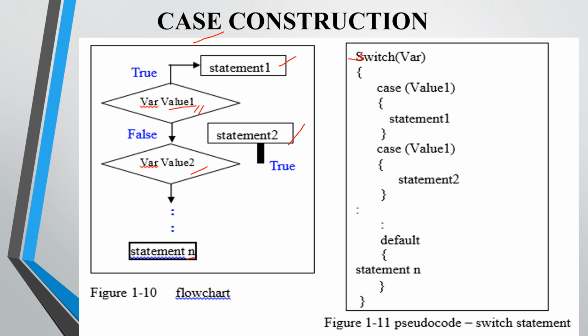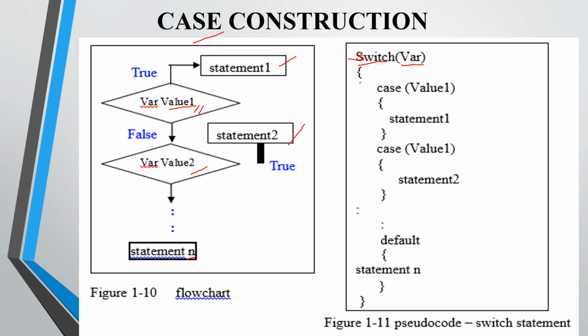So to do that in pseudocode, we make use of the reserved word switch. Okay, we have the switch case. So the reserved word switch is followed by parentheses, and inside the parentheses is the variable name.